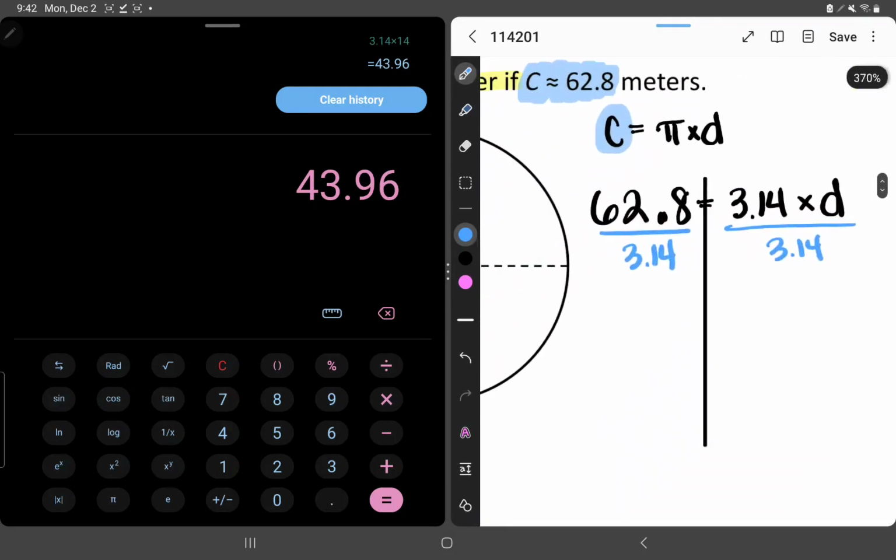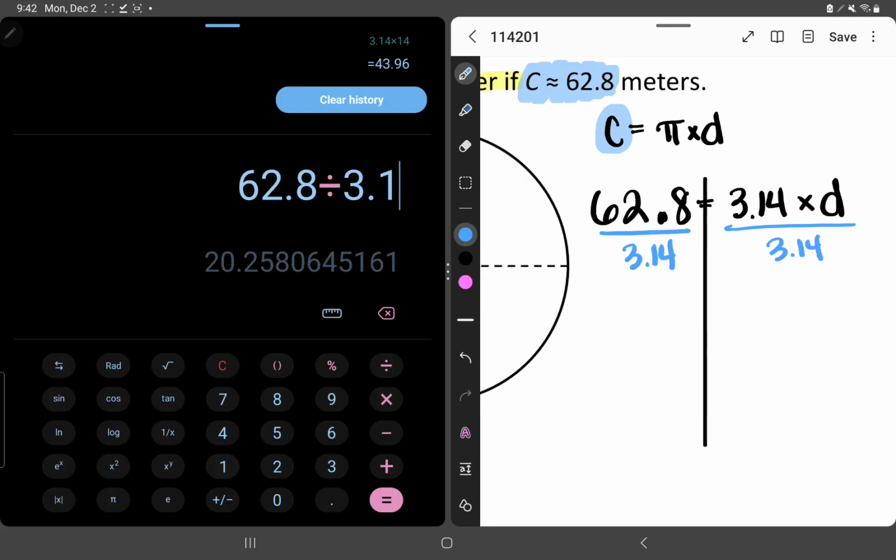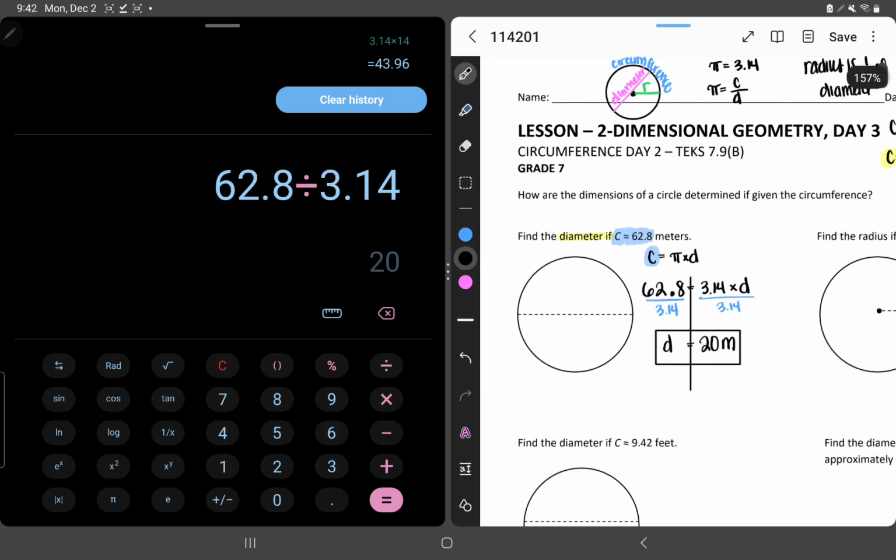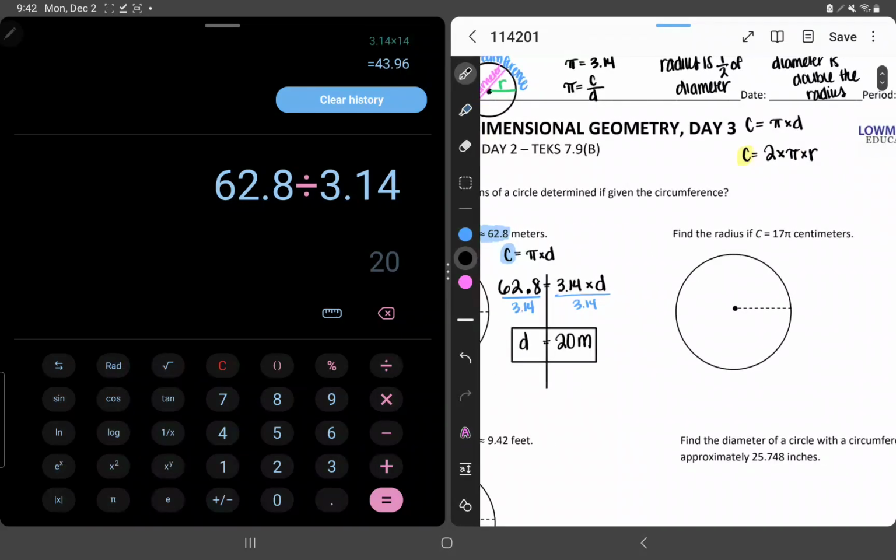So I would do 62.8 divided by 3.14. And we would get that our diameter is about 20 meters. So you're just going from your circumference and using the formula to work backwards. These are the skills that we've worked on for a lot of this year.